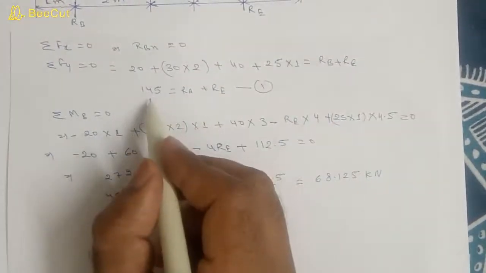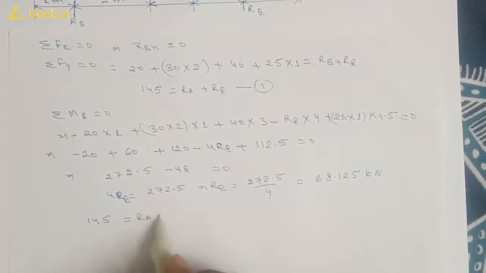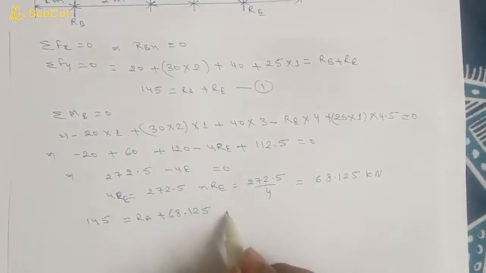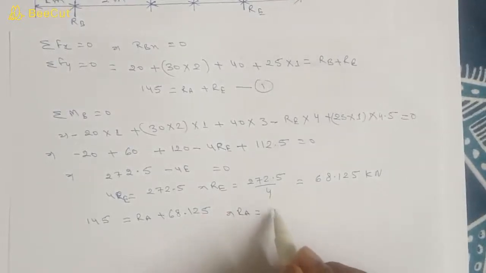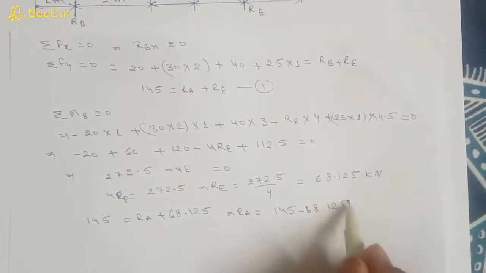Now if you put the value of RE in equation 1, you will get 145 is equal to RA plus 68.125. So you will get RA is equal to 145 minus 68.125 kilonewton.